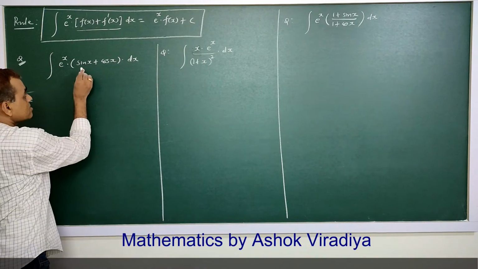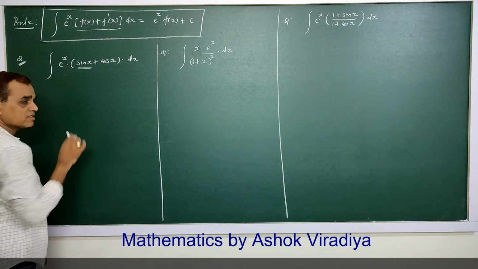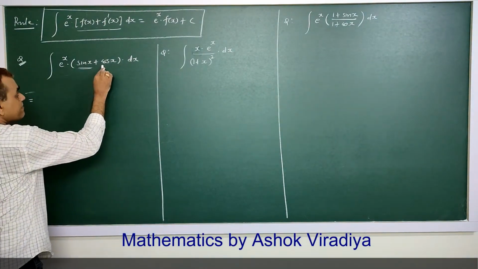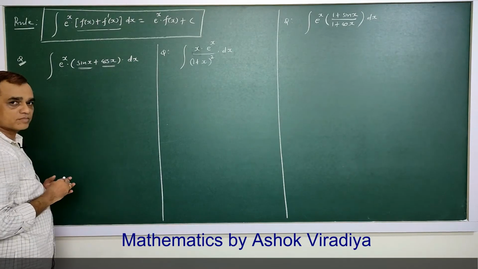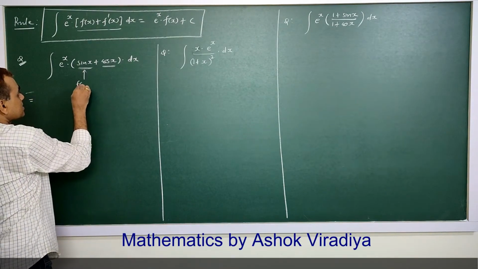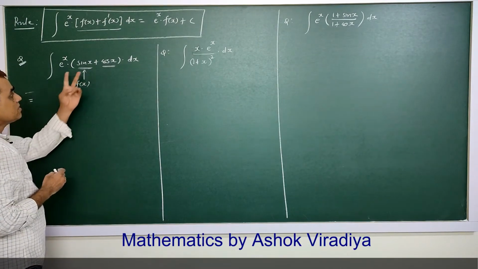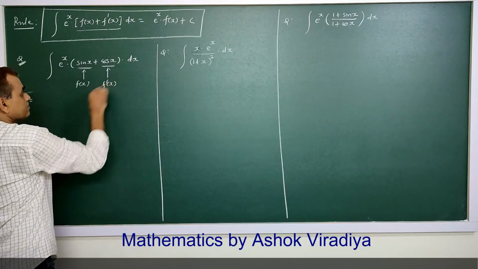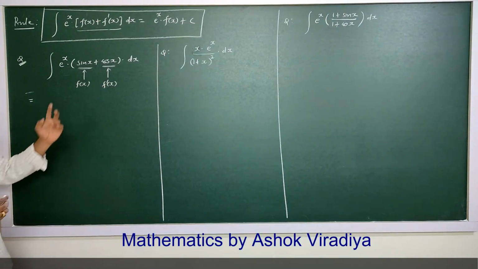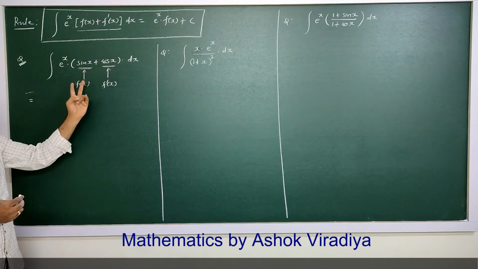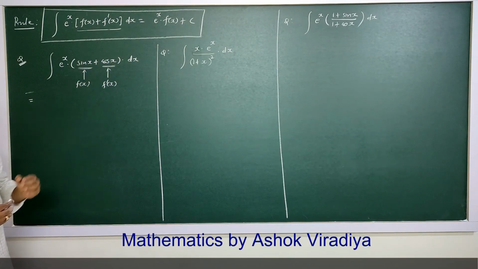Look here, sin x, and besides sin x, this is its derivative. This is fx, this is f dash x. Derivative of sin x is cos x. Derivative of fx is f dash x.